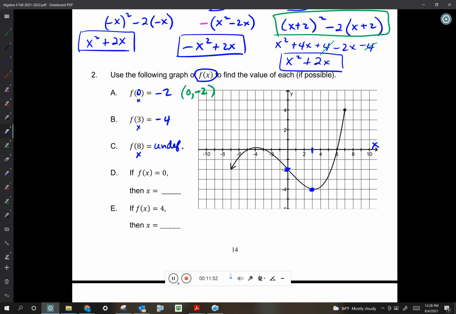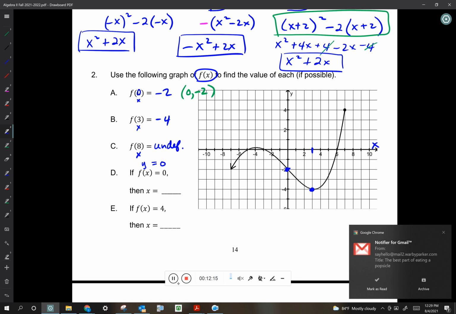Okay, so letter D is asking us to go the other direction. It's saying f of x equals 0, not x, but remember f of x is the same as saying y. So what this is saying is y equals 0. Well, when on the graph does y equal 0? Well, doesn't y equal 0 anytime you're on the x-axis?